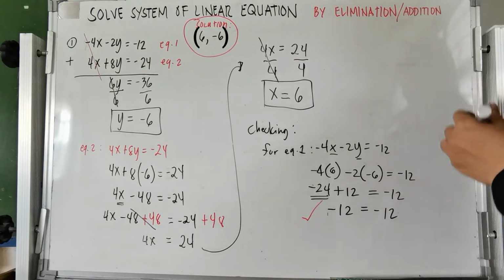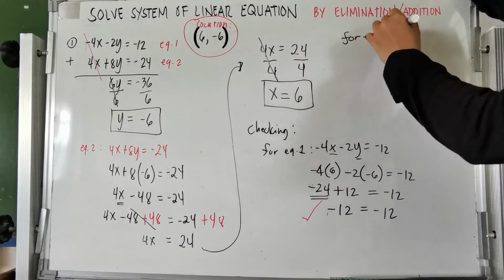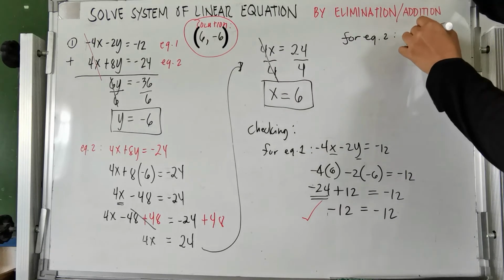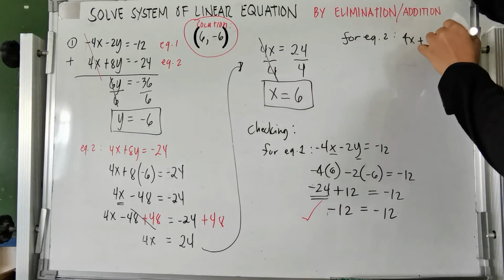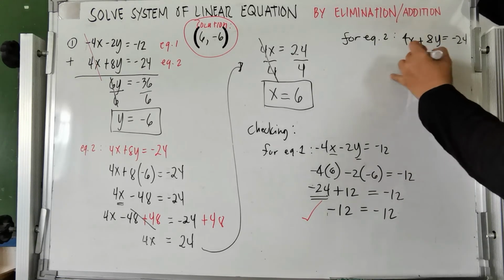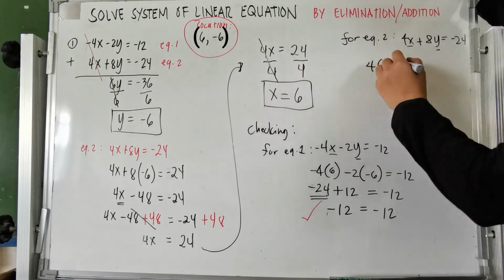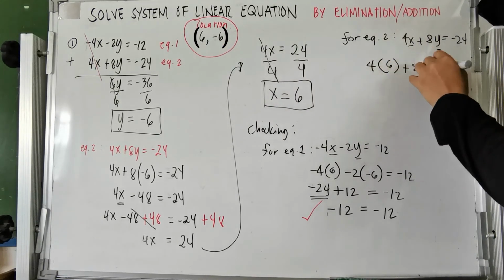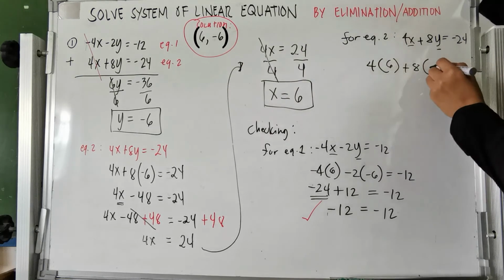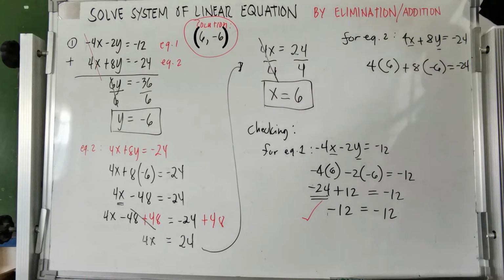What about for equation 2? So for equation 2, we have 4x plus 8y equals negative 24. So, i-substitute na natin. We have 4 times 6 plus 8 times negative 6 equals negative 24.